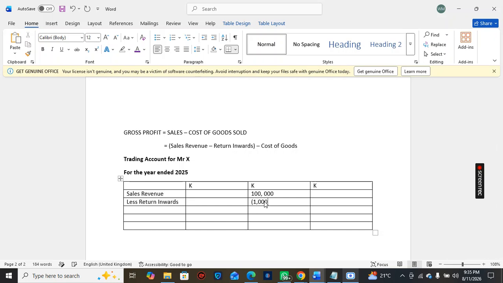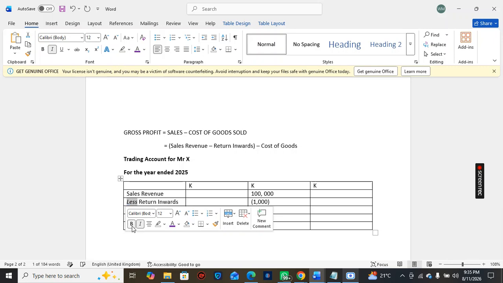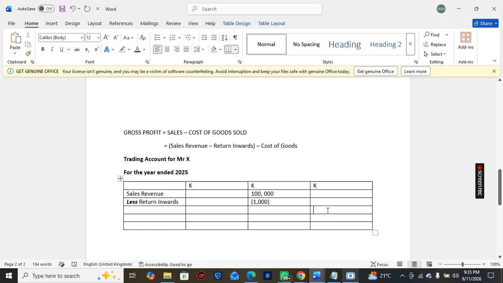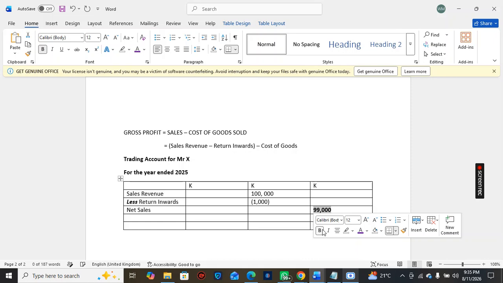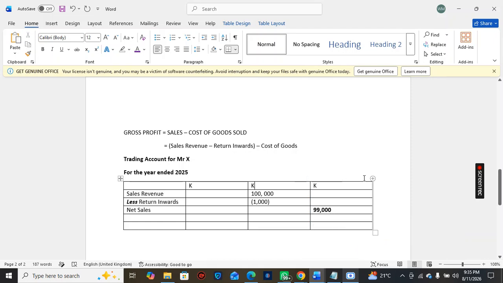So 100,000 minus 1,000 is 99,000. This is what you call net sales, the actual sales revenue we have made for this year. Are there any questions, colleagues?